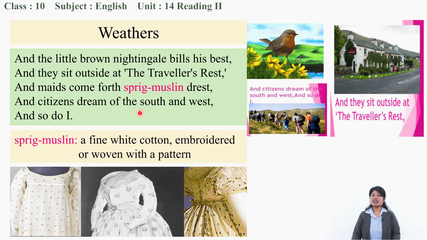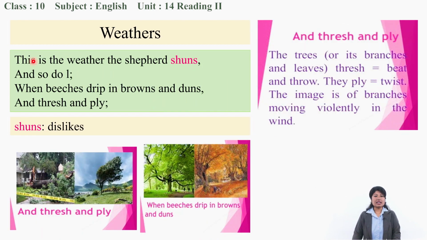In this time people like to come out from home, go visiting. So which season is this? Spring season. Yes, people like to come out from home. That is all about spring.